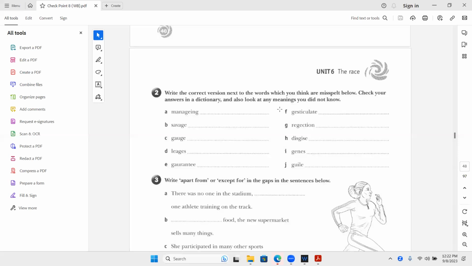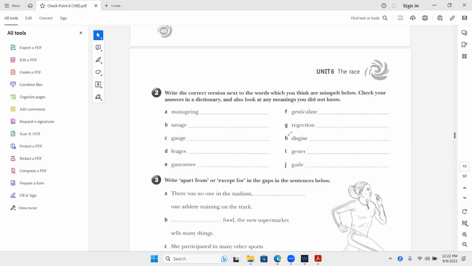Gesticulate. Gesticulate is correct. How about Sumi? How about next? Gigi. How to spell? Rejection, R-E-J-E-C-T-I-O-N. Correct.